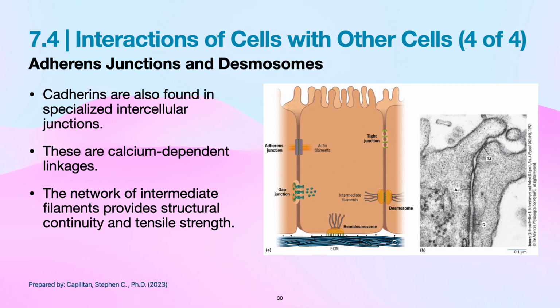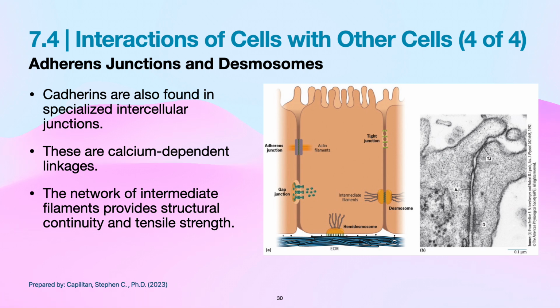Other desmosomes and gap junctions are located deeper along the lateral surface of the cells. We can see here that adherens junctions and tight junctions encircle the cell, whereas desmosomes and gap junctions are restricted to a particular site between the adjacent cells.